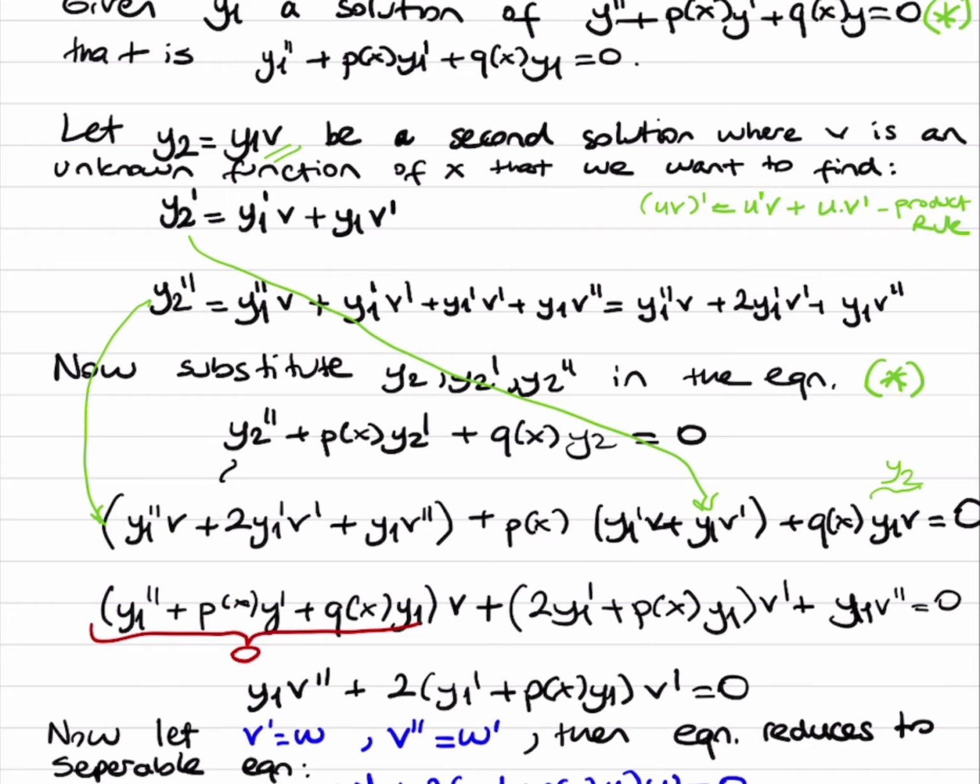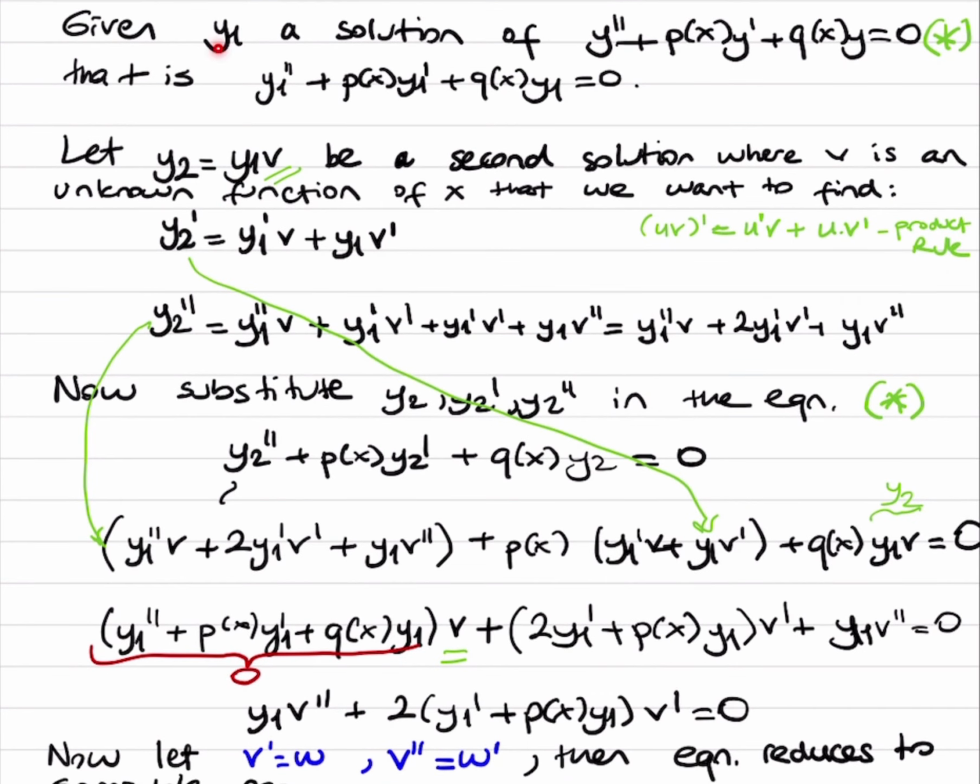And then when we take v in parentheses, we see that the coefficient of v is just y1 double prime plus p(x) y1 prime plus q(x) y1. And since we know that y1 is a solution, we know this is 0, right? Because y1 is a solution of this equation and it satisfies it. So we have 0 here.